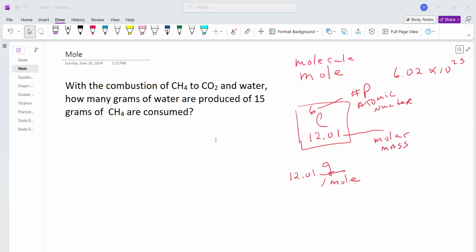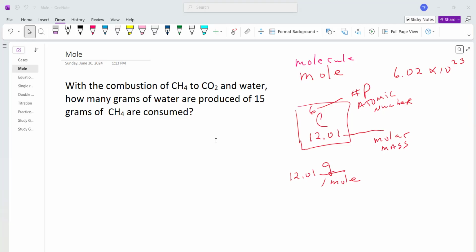Okay, so what I'm going to talk about today is something called a mole. And the word mole comes from molecule. Now atoms are really tiny guys.